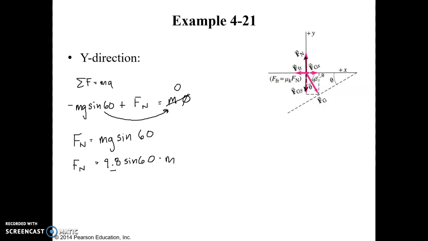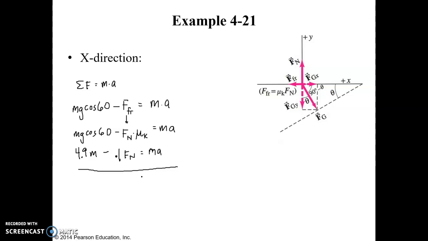But what we can do now, now that we have this expression for the normal force, is take this and go back to the previous slide and plug that in right here for the normal force.